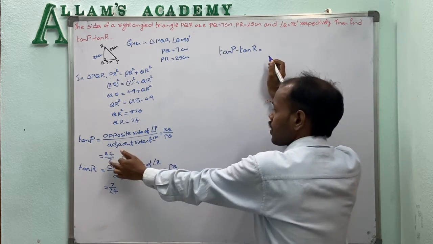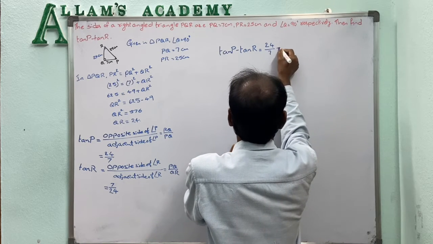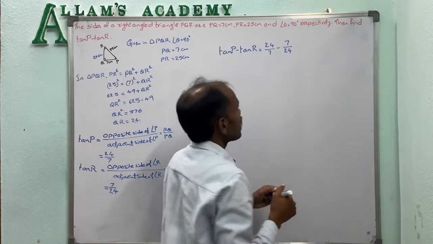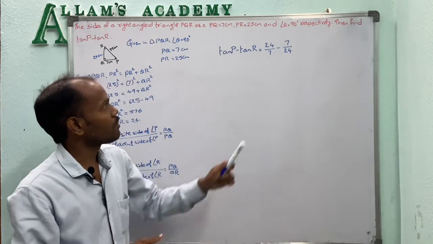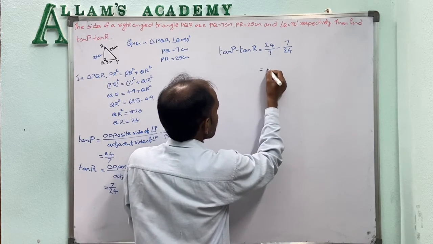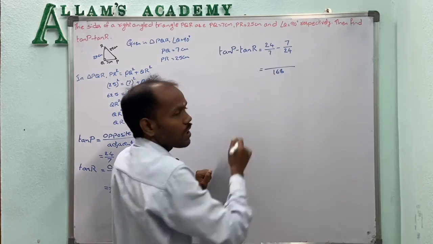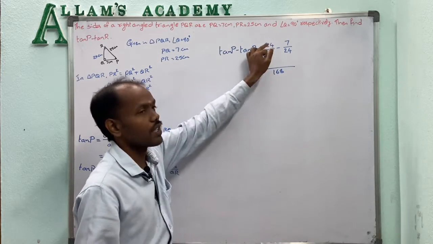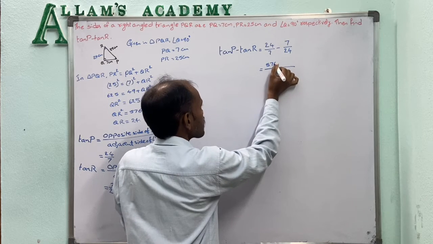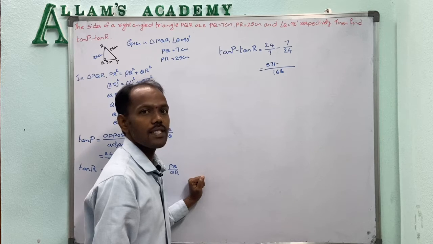Tan P equal to 24 by 7. Tan R equal to 7 by 24. Now the LCM of 7 and 24 is 168. So 7 24 ja 168. So 24 24 ja 576 minus 24 7 ja 168.